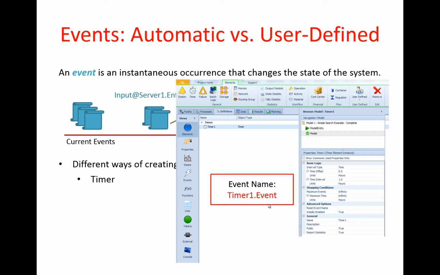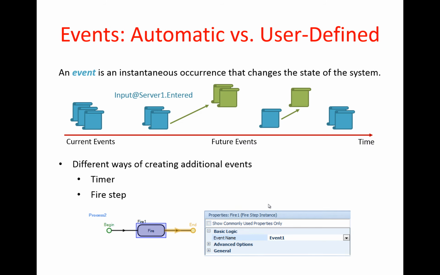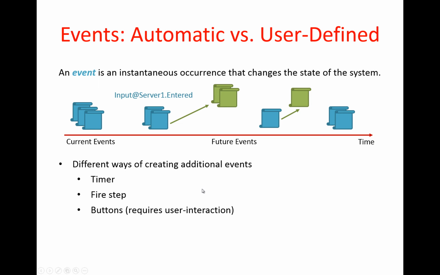The users can also create their own events, which is what we call a user-defined event. So a user-defined event can be executed by either using a fire step in a process. So as you can see here, this fire step in my process executes a user-defined event called event1. User-defined events can also be executed using buttons. But this requires user interaction, meaning that the user needs to actually interact with the model by pressing the button to make the event happen.